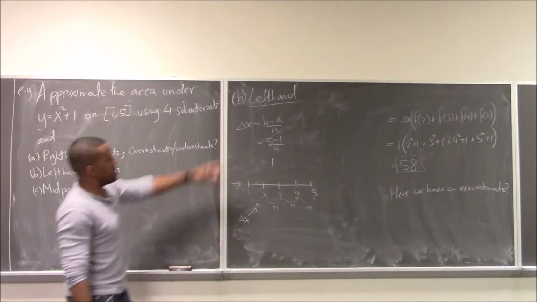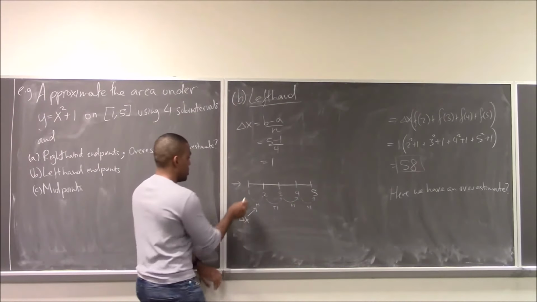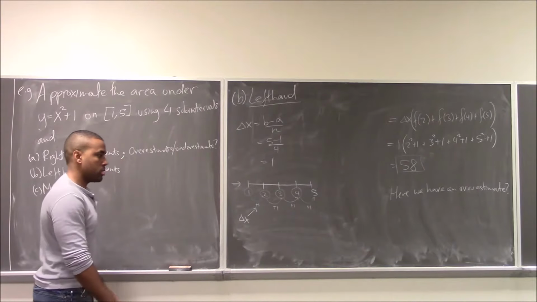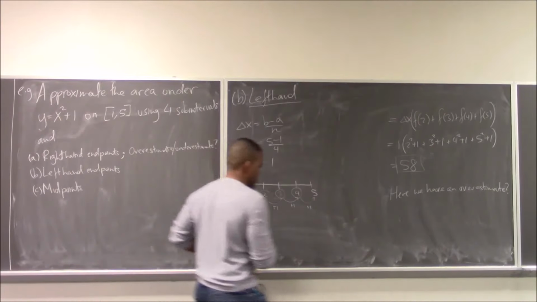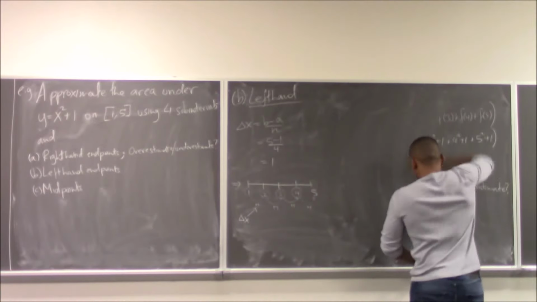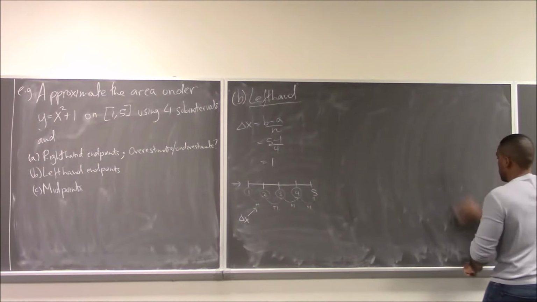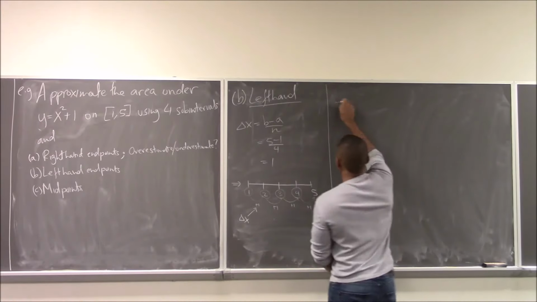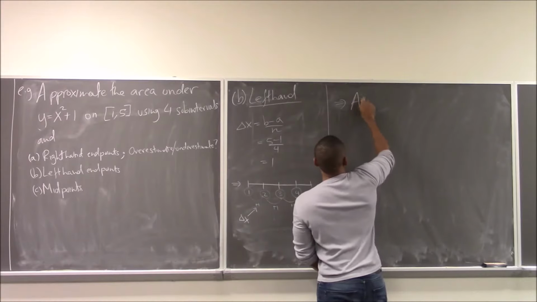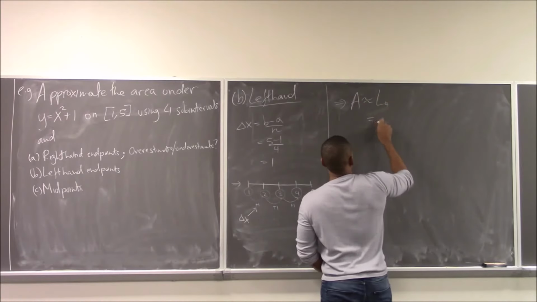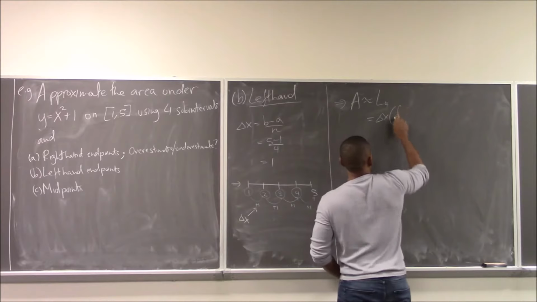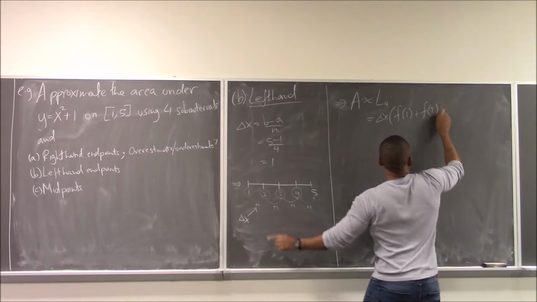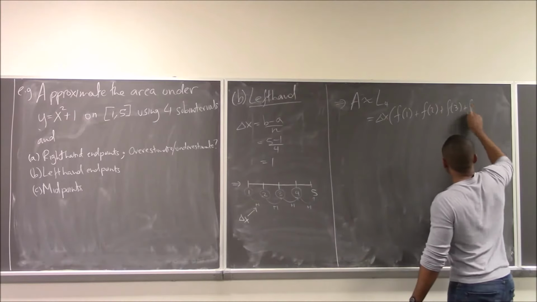And so now knowing that I need the left, I want to use the left-hand rule. I take all the left sides. And so my approximation is going to be equal to delta x times f of 1, f of 2, f of 3, f of 4.